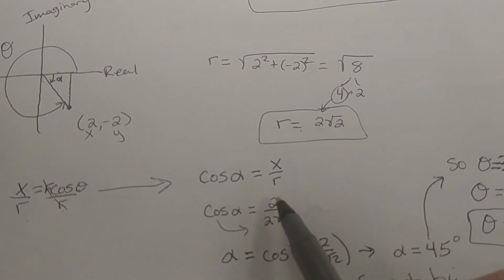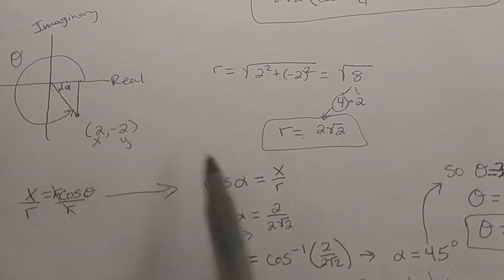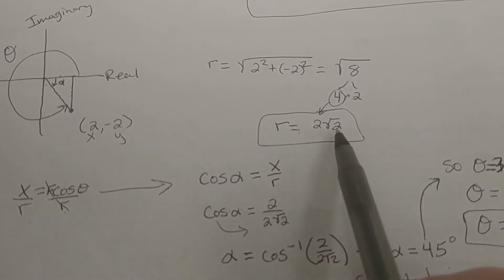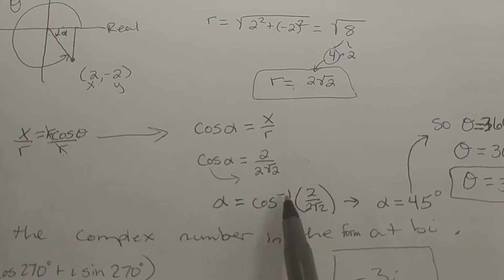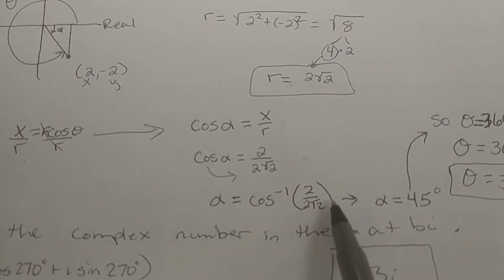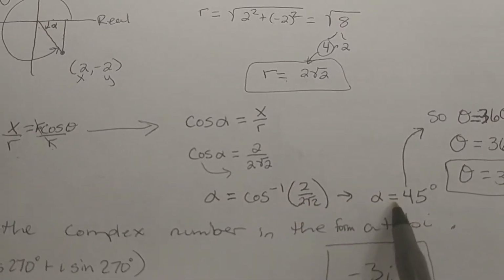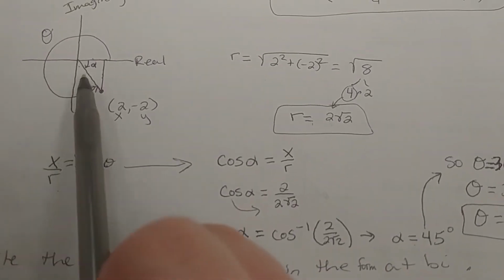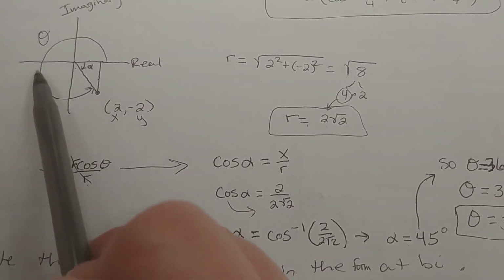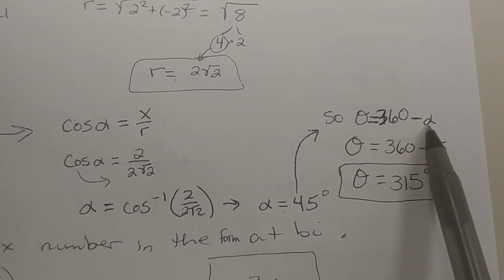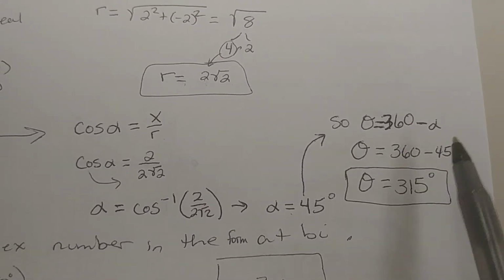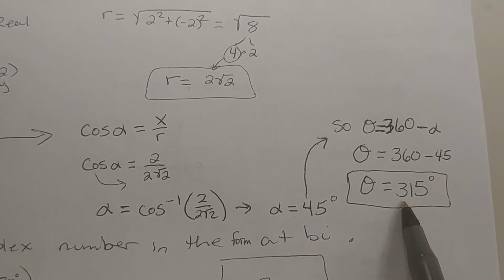Good news for us is we have our x from our point, and we have our r, which comes from right here. So I move my cosine over, do the inverse, cosine inverse of 2 over 2 square root of 2, and that gives me an alpha of 45. Again, that's the little alpha. I need the theta, which is the big angle. So to get that, I take 360 minus that 45, which was the alpha, and that gave me 315.